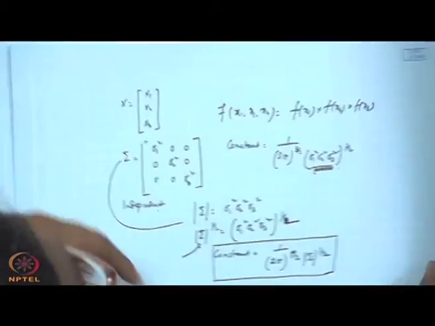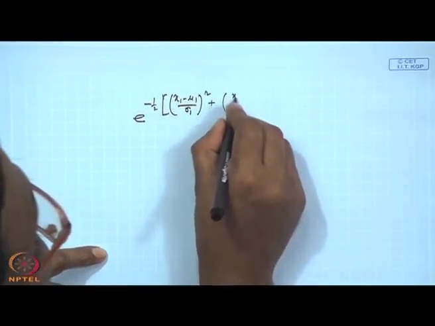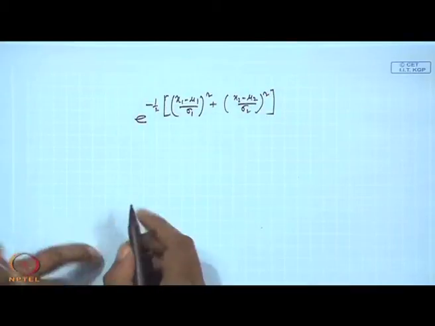Now, what will happen to your constant exponent term? In the two variable case, we found that the exponent term is x1 minus mu 1 by sigma 1 squared plus x2 minus mu 2 by sigma 2 squared.